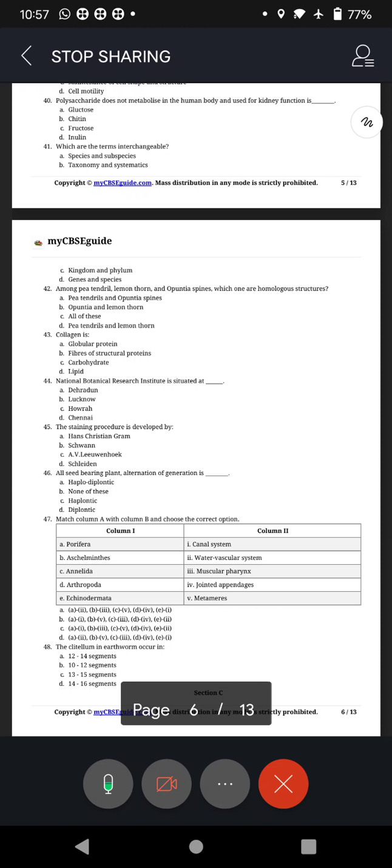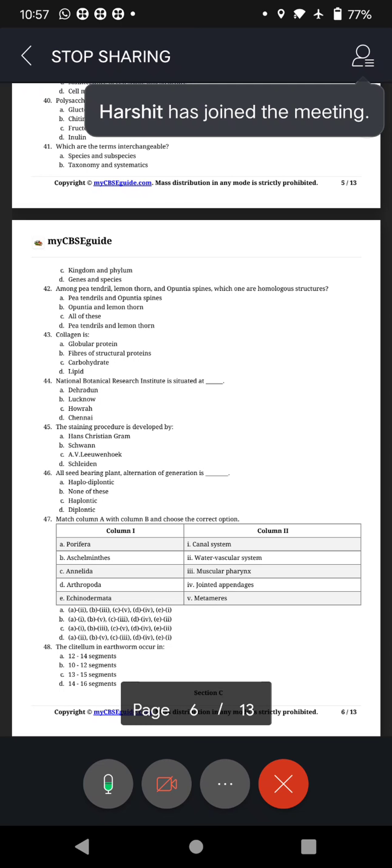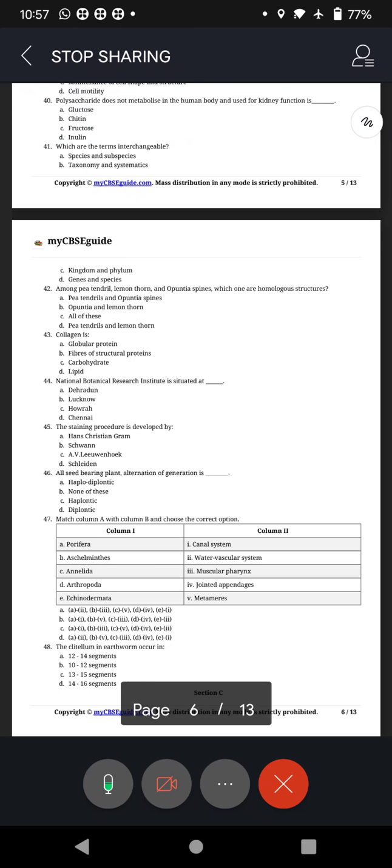Now you have to decide whether it is A or B. 44. National Botanical Research Institute is situated at? A. Dehradun, B. Lucknow, C. Howrah, D. Chennai.